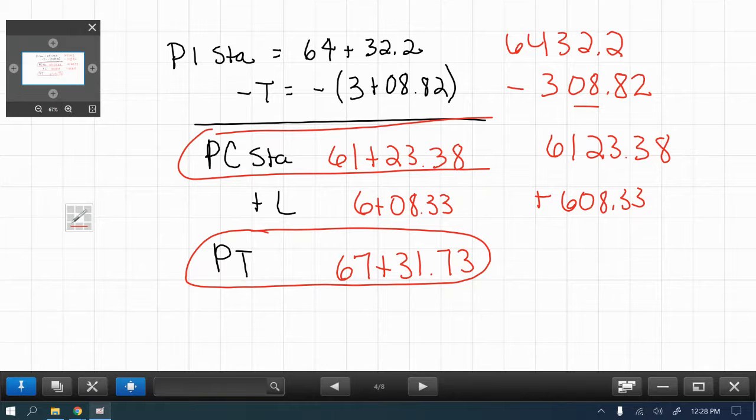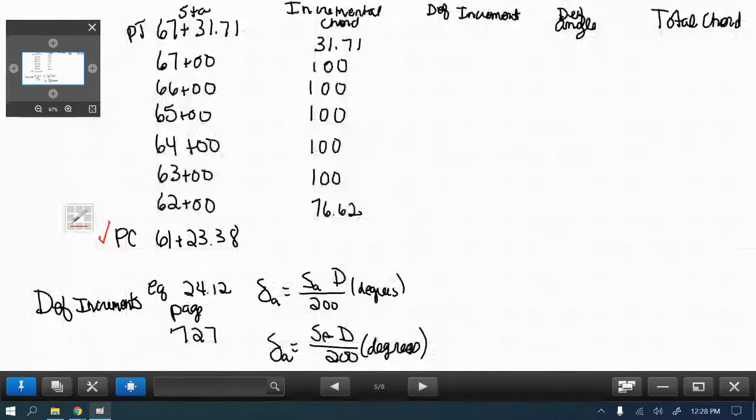So don't do what I did. Here's my two numbers. Now my chart matches.